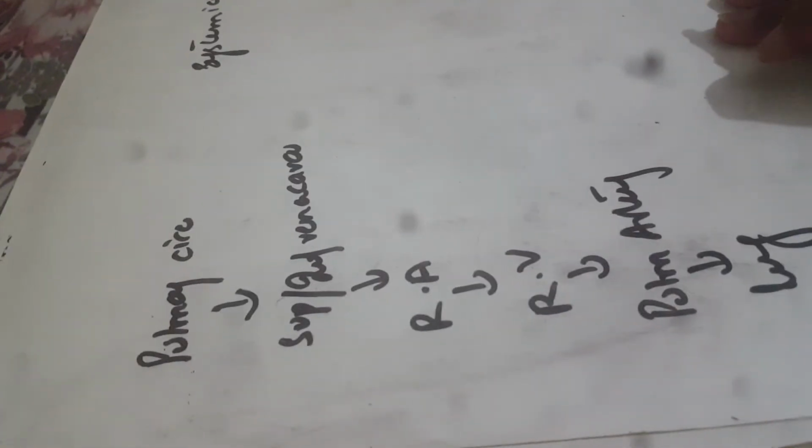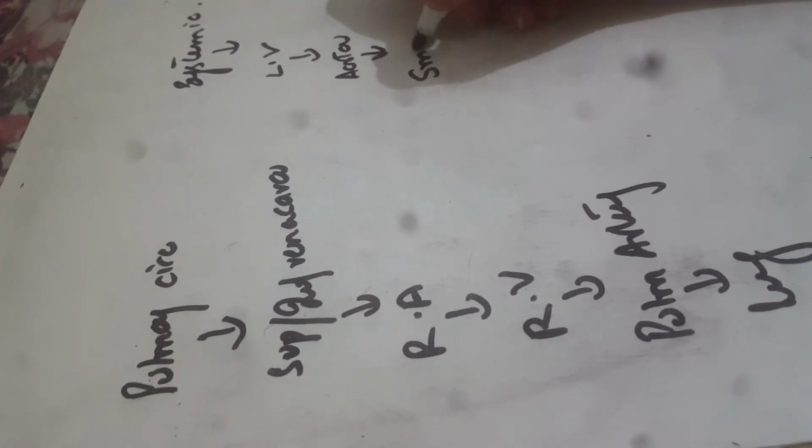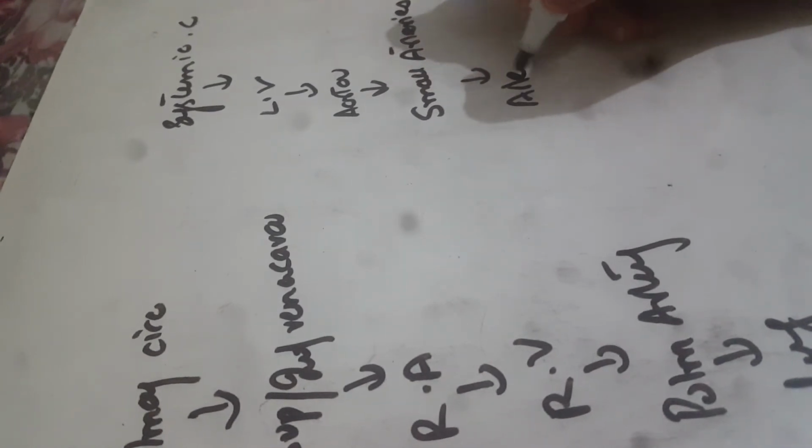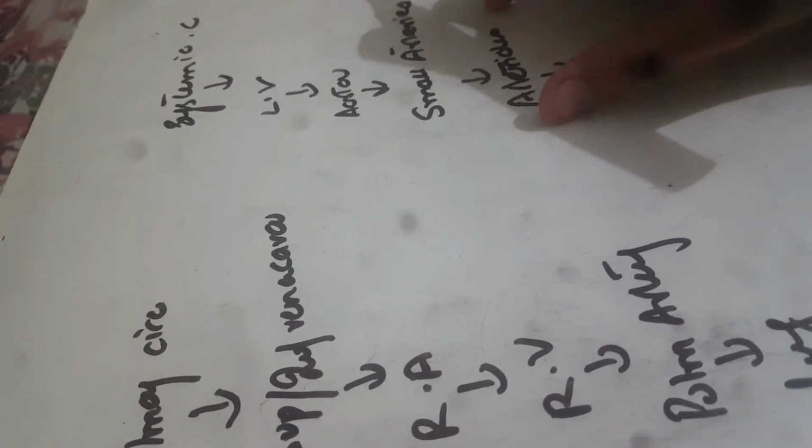In pulmonary circulation, blood comes from the superior and inferior vena cava to the right atrium to the right ventricle, and the pulmonary artery takes it to the lung. This is where it ends. In systemic circulation, we have blood from the left ventricle to the aorta, and from the aorta into small arteries that become arterioles.